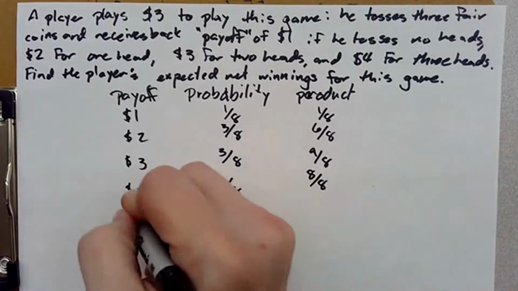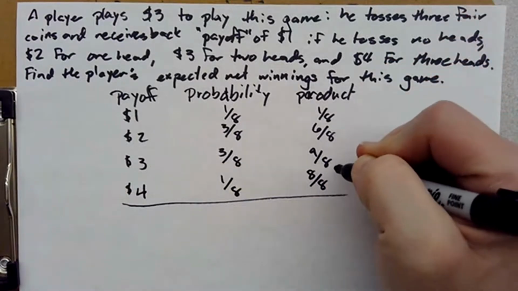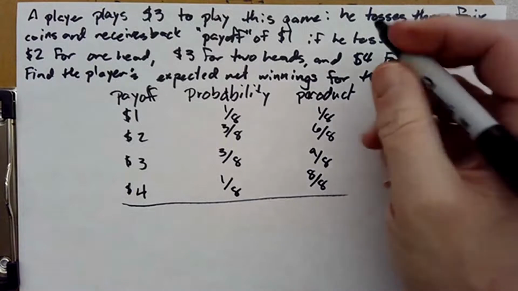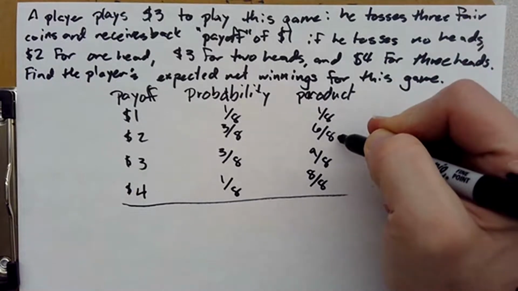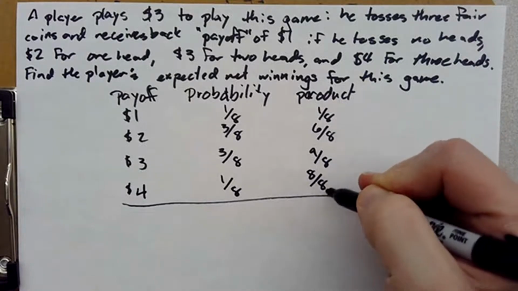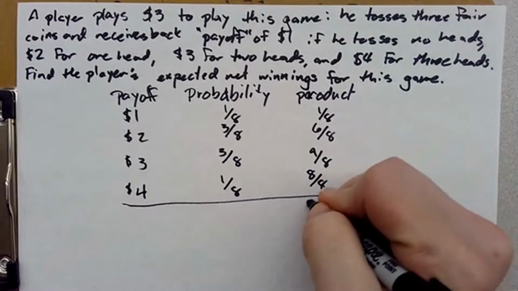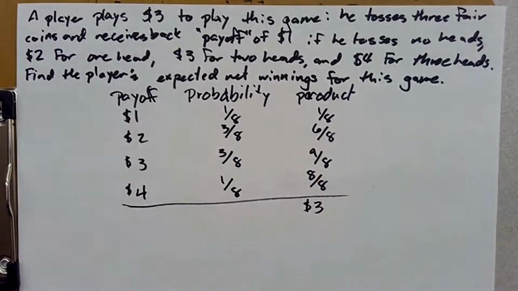Okay, so when we add all of these up, 1/8 plus 6/8 plus 9/8 plus 8/8. 1/8 plus 6/8 is 7/8, plus 9/8 is 16/8, which is 2. And plus 8/8, that gives us 3. So our expected winnings for the game are $3.